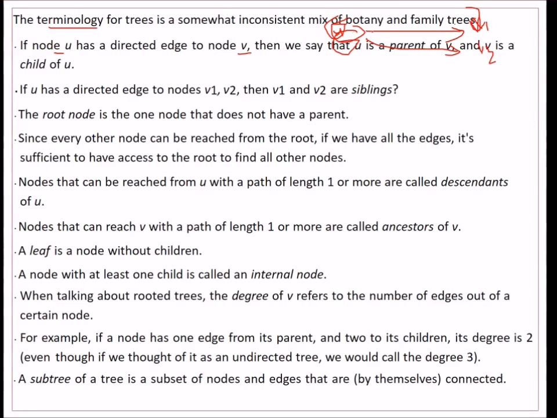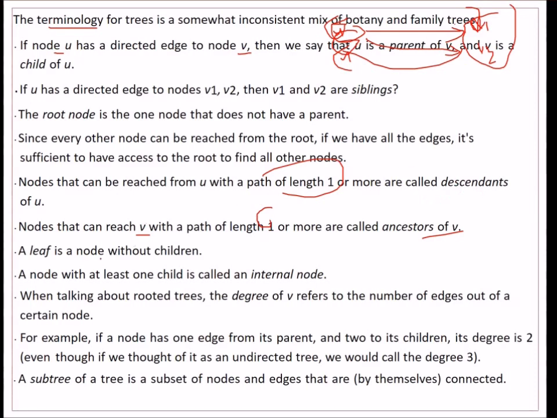And nodes that can be reached from U, this particular point, with a path of length 1 or more, are called descendants of U. These are the descendants of U. And nodes that can reach V with a path length of 1 or more are called ancestors of V. These are ancestors of V. Please notice that we are talking about length 1 or more, only then can we call it a descendant or ancestor.